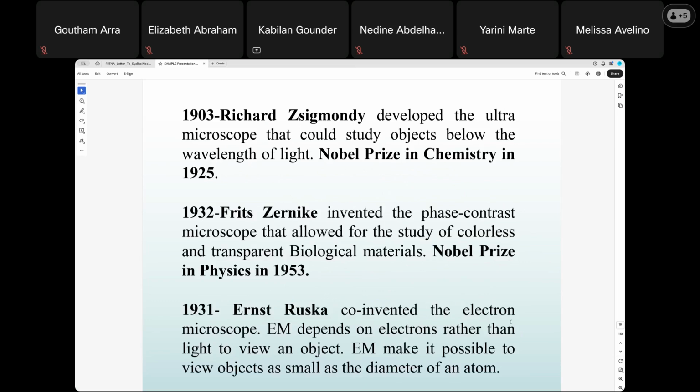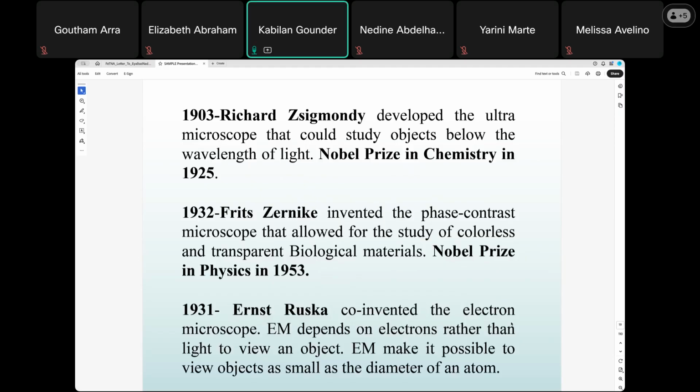In 1903, Zsigmondy developed the ultramicroscope that could study objects below the wavelength of light. So that is another important milestone in the 19th century.